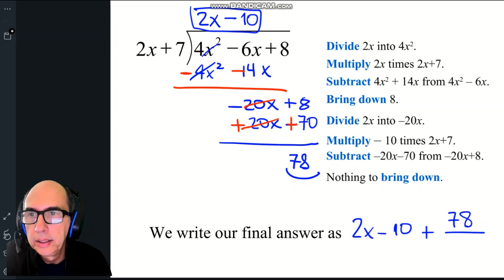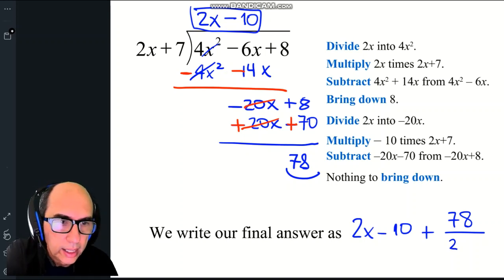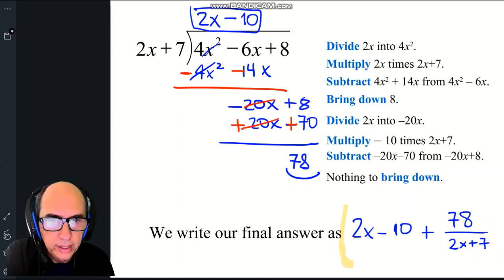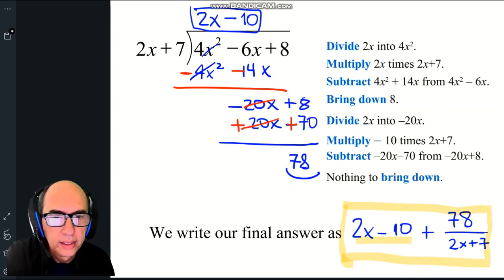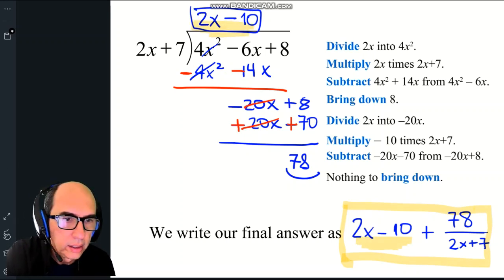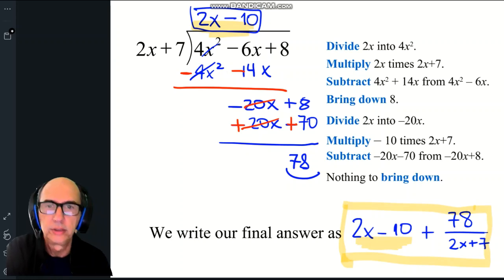And keep the divisor 2x plus 7 under the remainder as a fraction. Okay, this is how we will represent the final answer. This is the quotient we just found here, and this is the remainder over divisor.